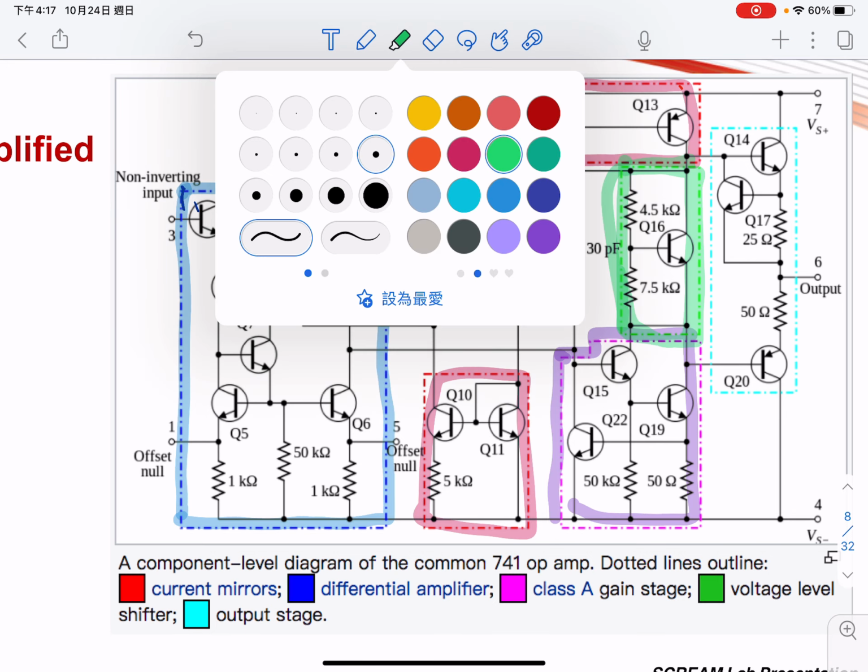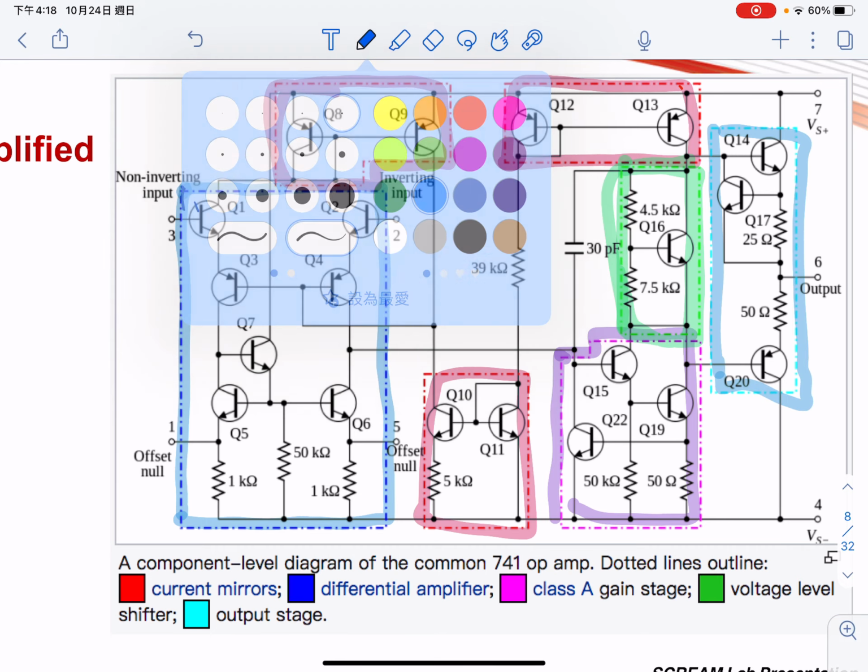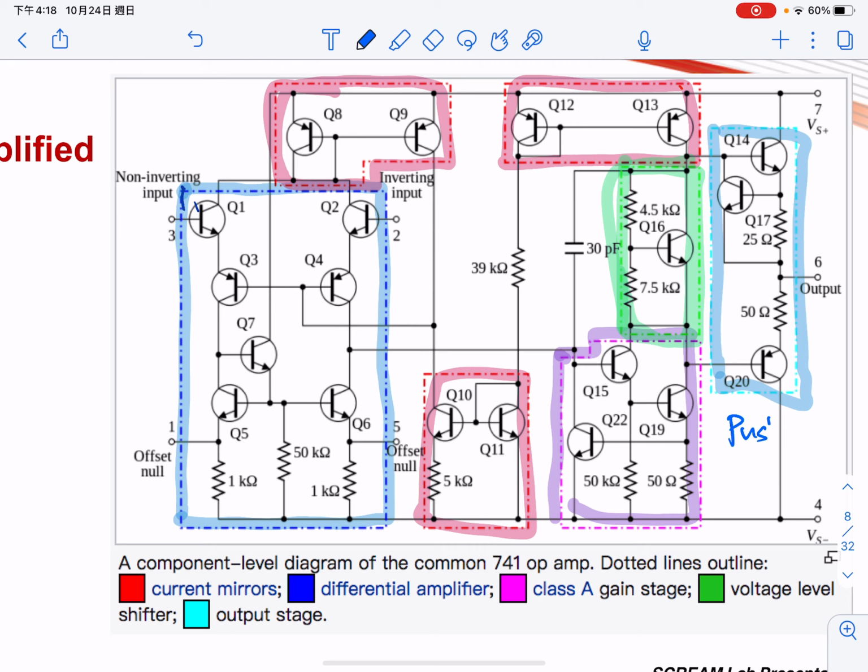Finally, the output stage is what we call the push-pull output stage. This circuit will be introduced in the following parts of the lectures.